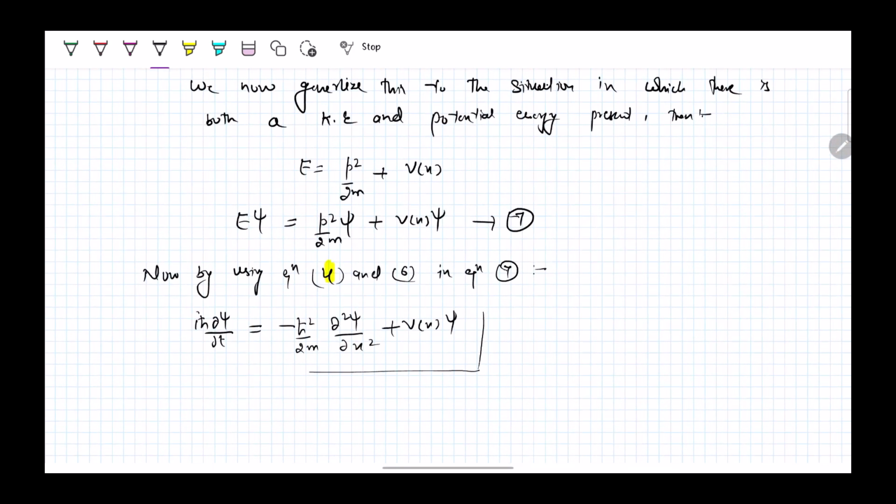This is the Schrodinger's wave equation in one dimension, right?